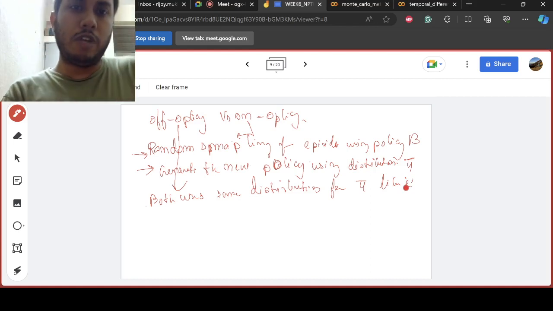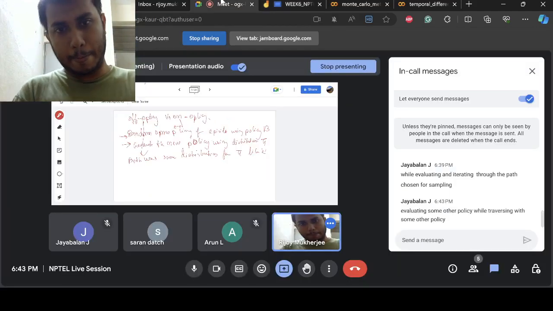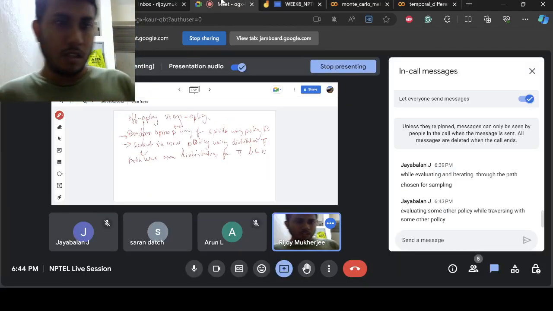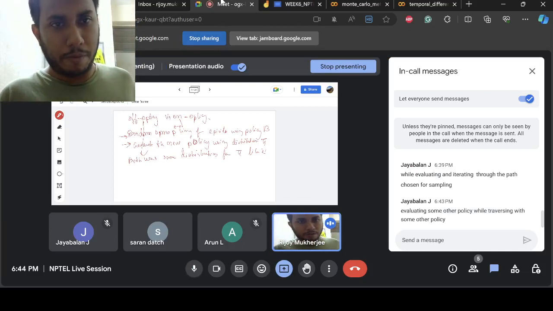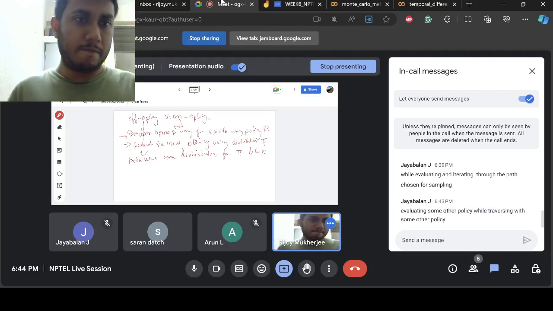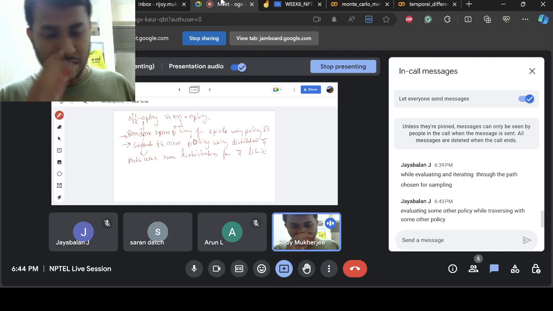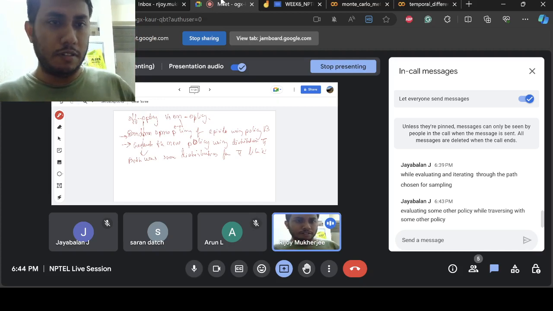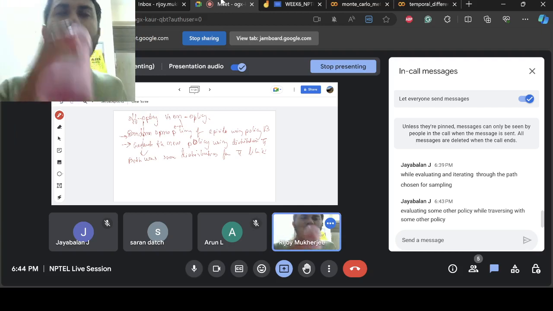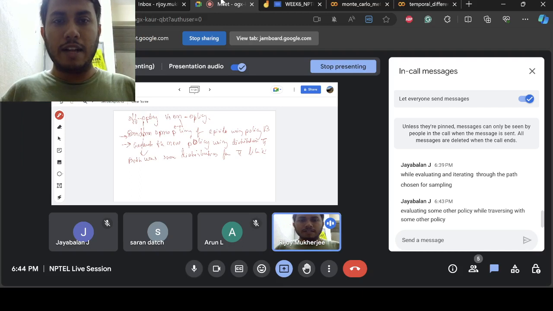In off policy, we are evaluating some other policy while traversing some other policy. Yes, correct. So b is some other policy, and we are evaluating pi.